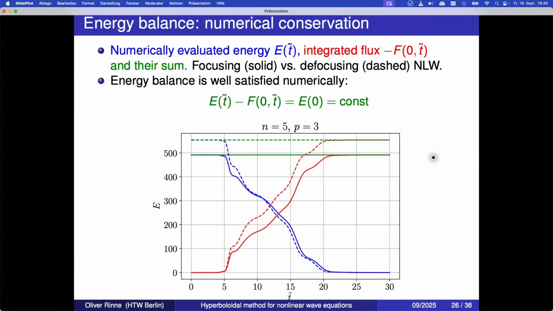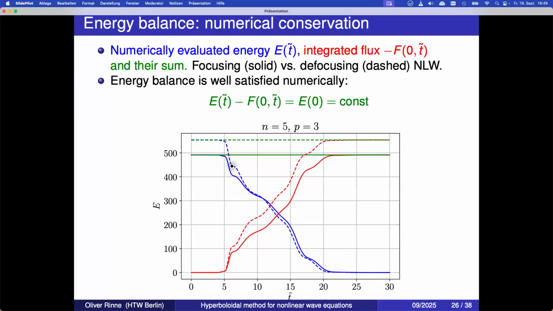We can look at the energy balance, which I showed you earlier, and I want to check if this is actually satisfied numerically. So what I plot here is the numerically evaluated energy, E, as a function of t tilde, shown here in blue. The solid curves correspond to the focusing case, the dashed curves to the defocusing case.